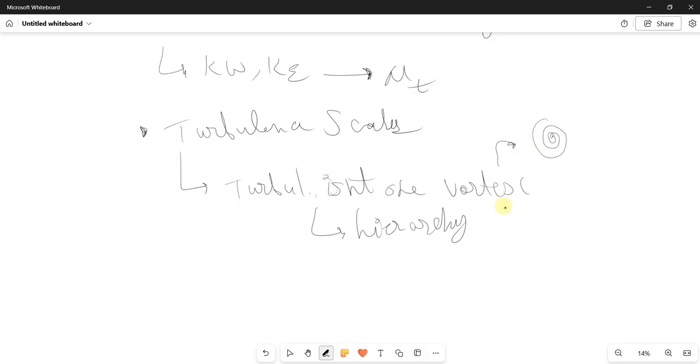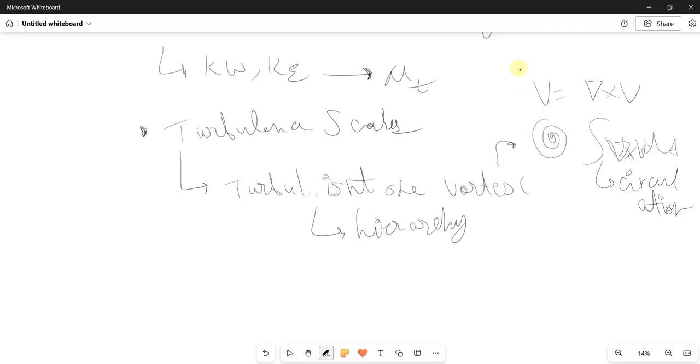So vorticity is just the cross product of your velocity, right? So del cross v is your vorticity, and if you integrate it you get circulation, right?